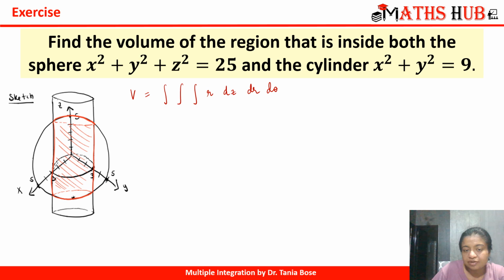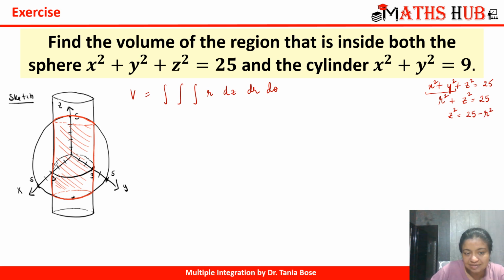Now, how to fix the limits of z? So z is only involved in this one. I have x square plus y square plus z square equal to 25. When I'm converting this into cylindrical coordinates, I know that x square plus y square is always equal to r square. So I'll get r square plus z square equal to 25. From here, z square is basically 25 minus r square.